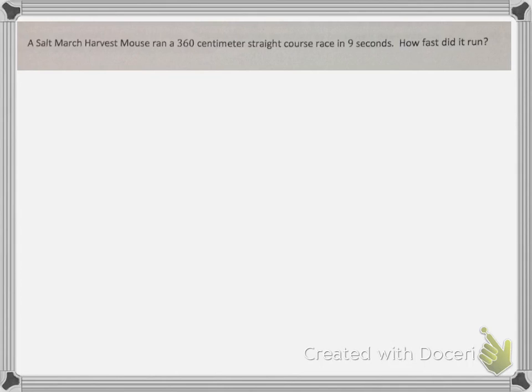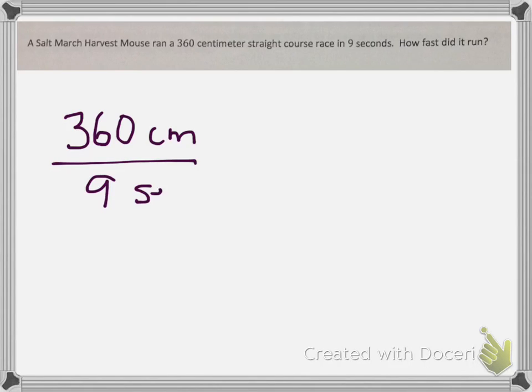So we have 360 centimeters traveled over 9 seconds. So we do have a rate here of 360 centimeters in 9 seconds, but I want to know how many centimeters it travels in 1 second. So I'm going to create an equivalent ratio where the number of seconds is equal to 1.